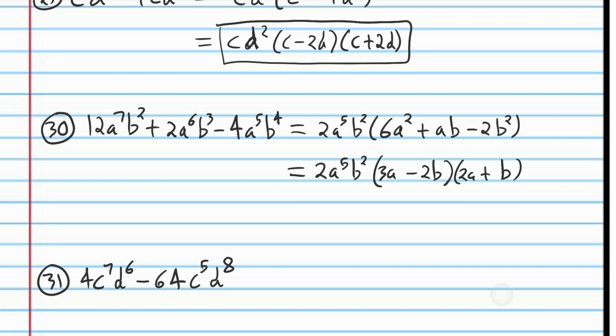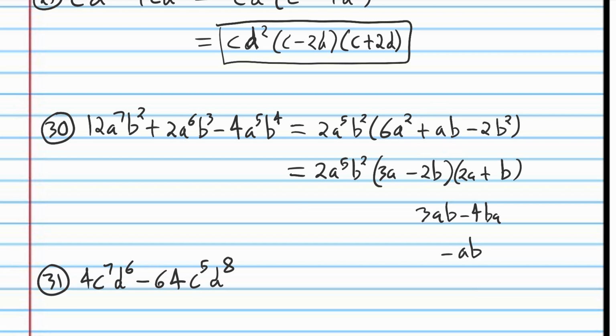So O would be 3ab and I would be 2b. Actually, no, it would be -4ba, and again, it doesn't matter the order of these letters. The terms are still the same. All right, so 3ab and negative 4ab, and that would give us negative 1ab. Bingo. That's the number we want.